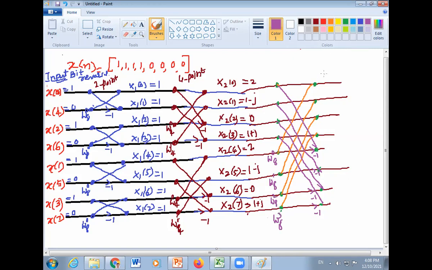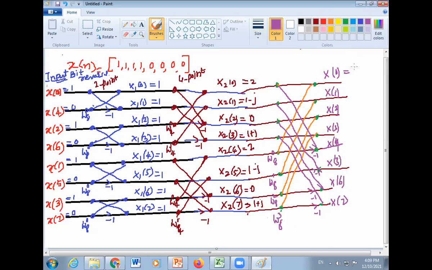Similarly, you just calculate these values, x of 0, x of 1, x of 2, x of 3, x of 4, x of 5, x of 6, and at the end x of 7. I am just giving you the values here. The procedure is the same. You calculate each stage's values and check your answer.